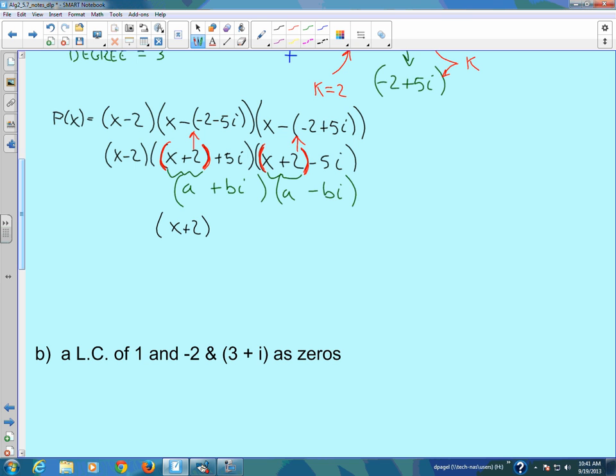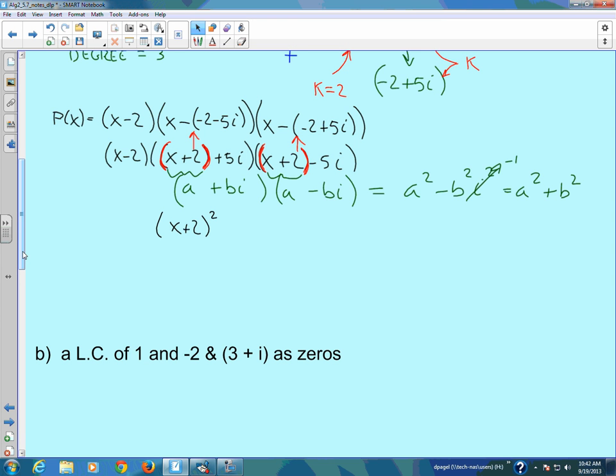x plus 2, there's my a. I'm squaring it. And because I'm dealing with two conjugates multiplying together, a plus bi, a minus bi, remember what that gives you is a squared minus b squared i squared. We lose the middle term. And remember that i squared is negative 1. So really this becomes a squared plus b squared. So that's what we're going to do here.